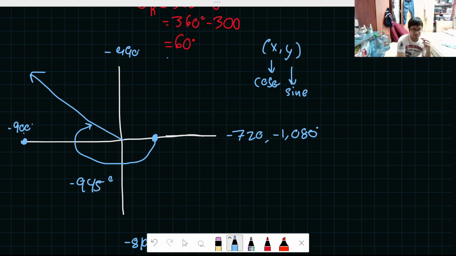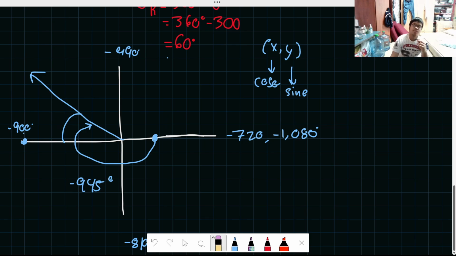This is a total of negative 945 degrees. So now, what we're going to do, if I'm going to solve it, is I'm going to find its coterminal angle between 0 degrees and 360 degrees, and I'm going to find its reference angle. All right?